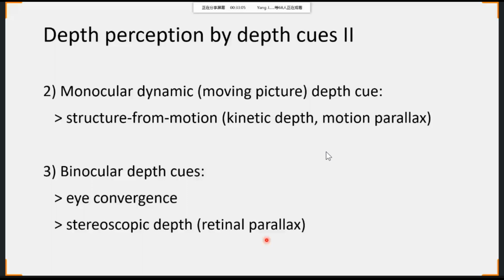One is on the retina of the left eye, the other is on the retina of the right eye. They are different. Therefore, there is a disparity, and this is called a parallax. While eye convergence is about the muscles that move our eyeballs so that we see an object near or far away.